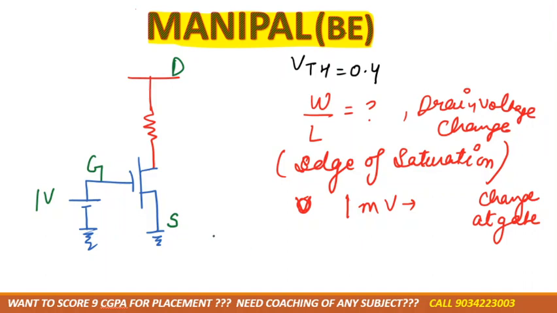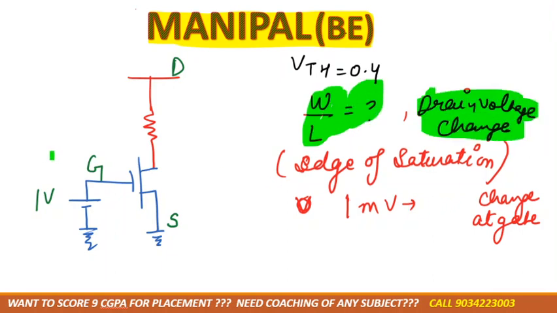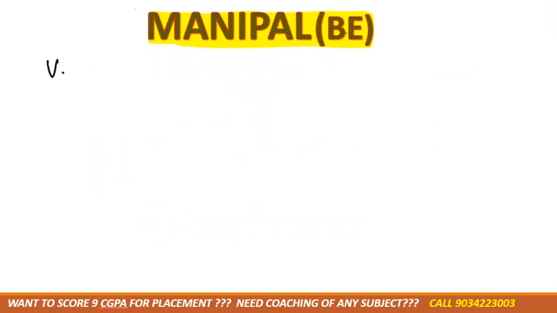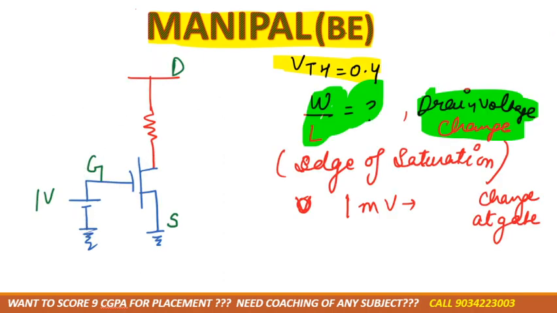Now see, this is another question. In this we need to calculate the W by L value and the change in the drain voltage. Threshold voltage VTH is given. So you remember we have one formula as I told you on the formula page, that is VDS is equal to VGS minus VTH, right? Now see the diagram. What is VGS?